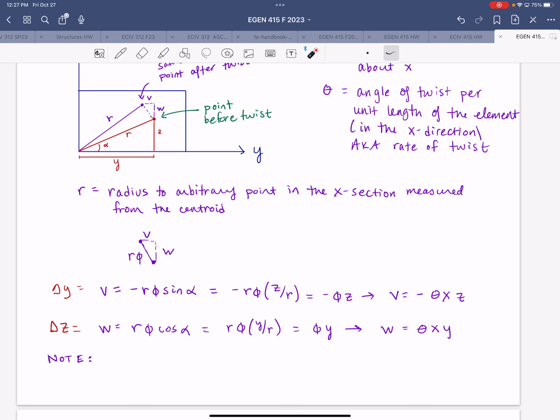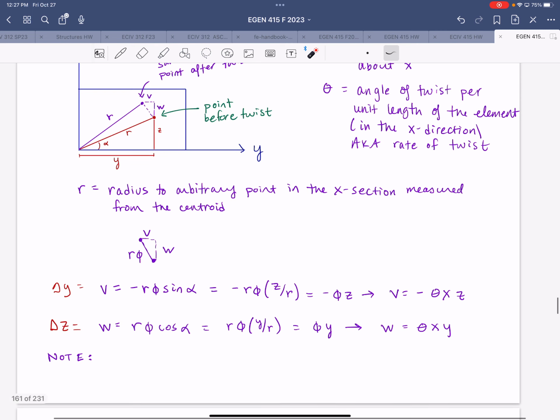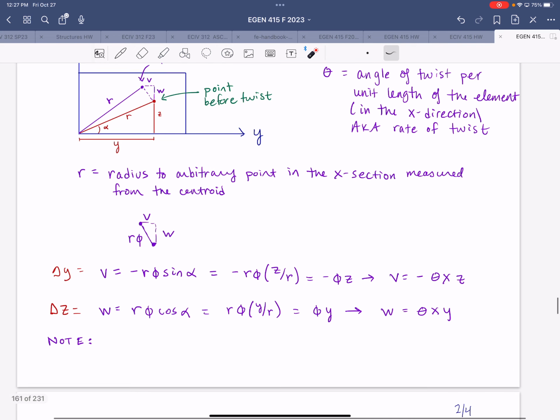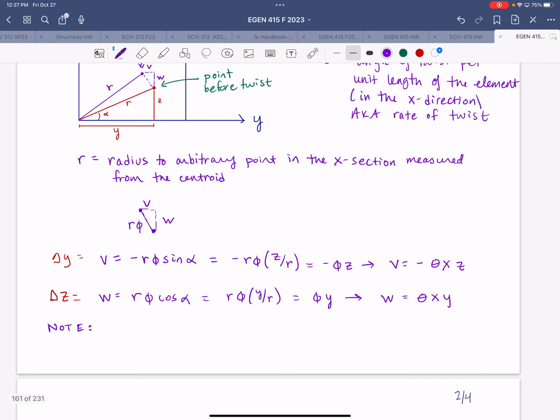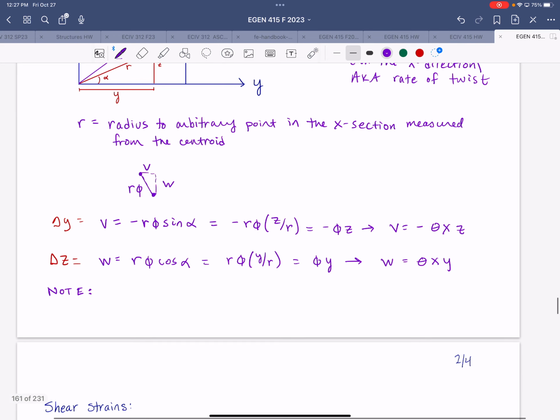So we're doing the same thing here. The partial derivative of v with respect to x is negative theta z, and the partial derivative of w with respect to x is positive theta y.